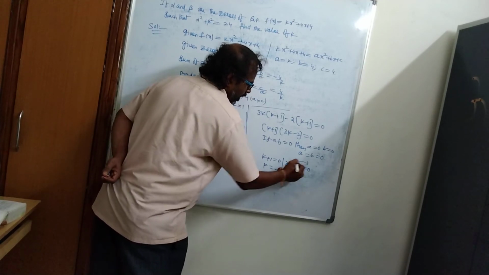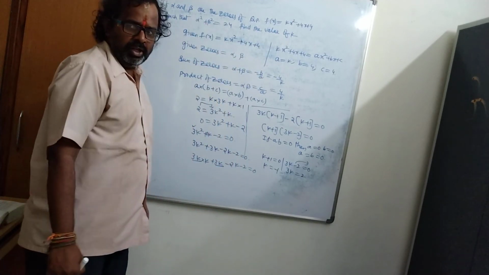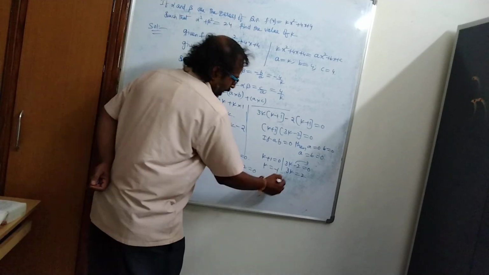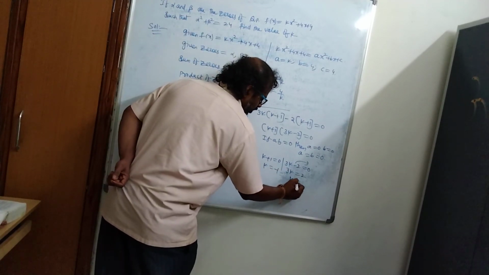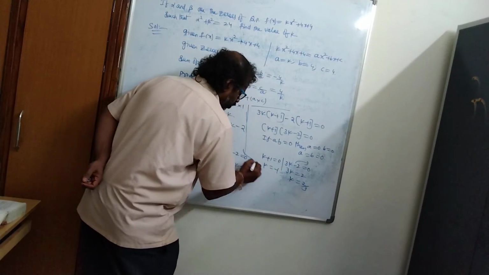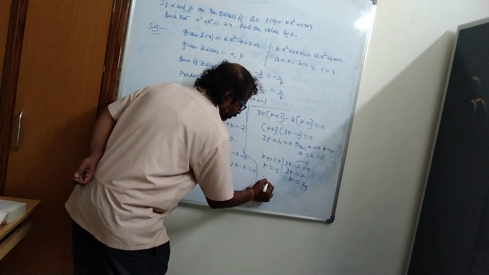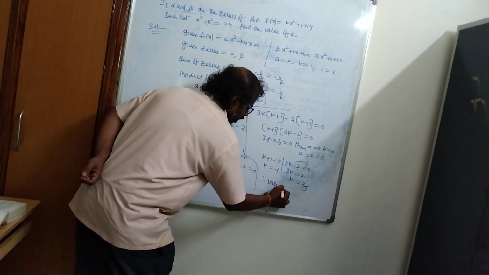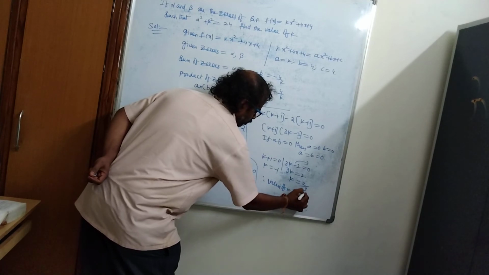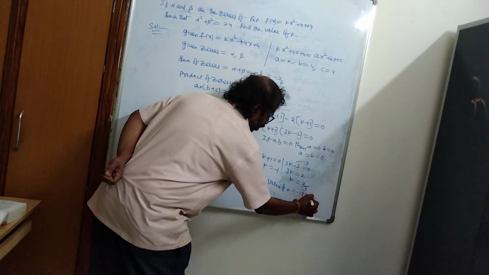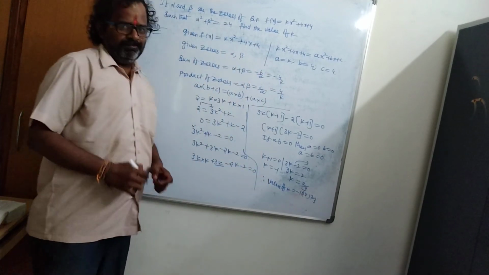When you get this minus 2 to the other side, it will become plus 2, and get this 3 here, k is equals to 2 by 3. So therefore value of k is equals to minus 1 or 2 by 3. Thank you.